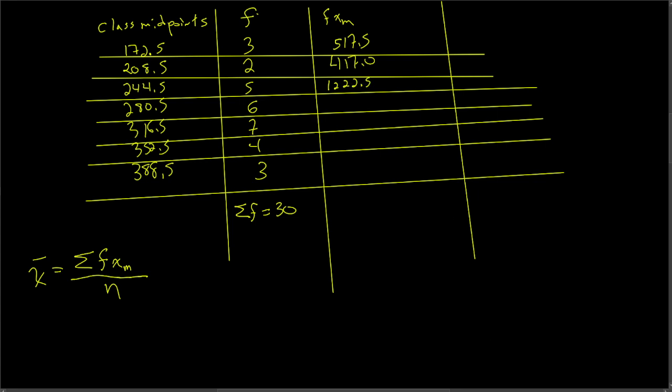Now we're getting some bigger numbers because we have higher frequencies. And 4 times 352.5 is 1410. And 3 times 388.5 is 1165.5.